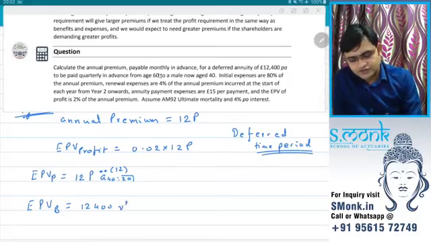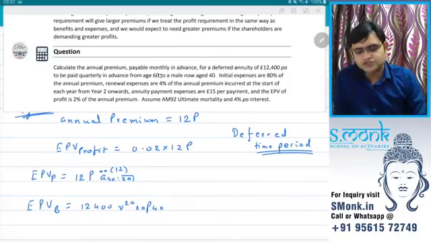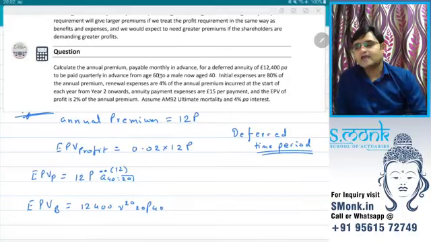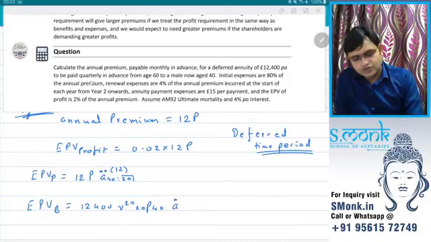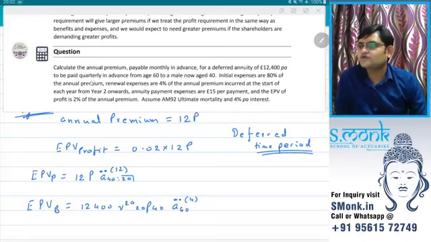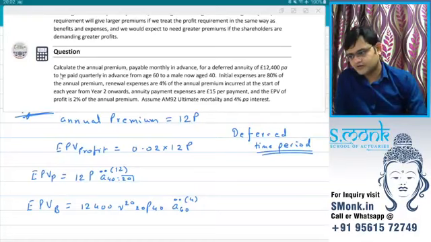So we'll say v raised to 20, 20p40. The person should survive for 20 years, and then the annuity starts. 12,400 per annum, paid quarterly in advance. So a due payable 4 times from age 60 for life. There's no limit for that. So this becomes our benefit.